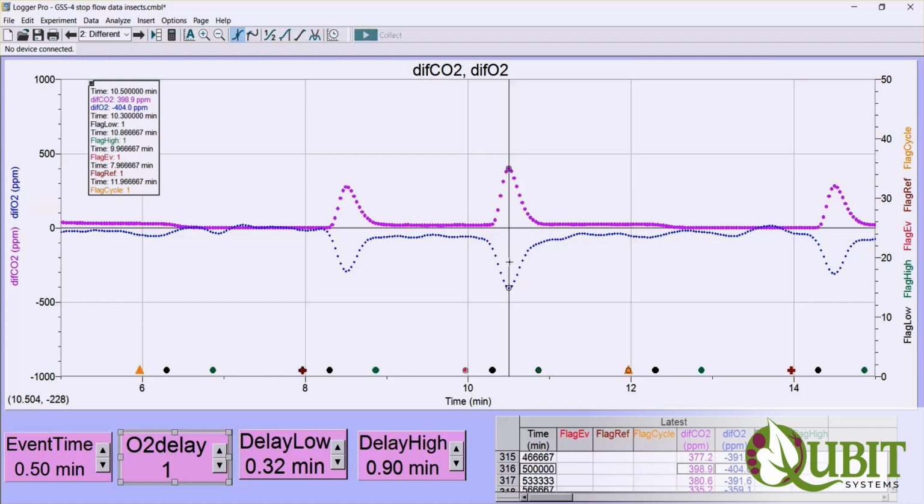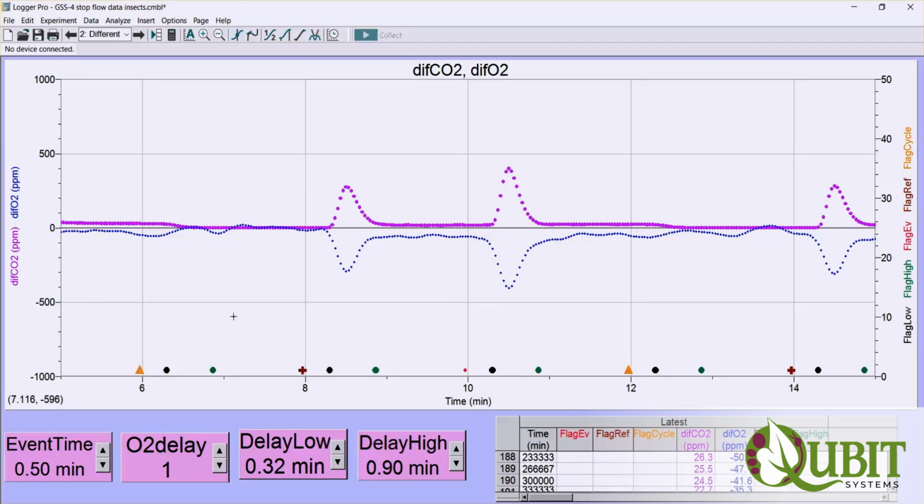So once the O2 delay has been set up, the next parameter to set up is going to be event time. Event time is the parameter that's used in the software to average the data before the switch to the next channel.